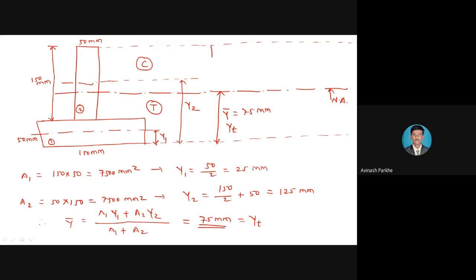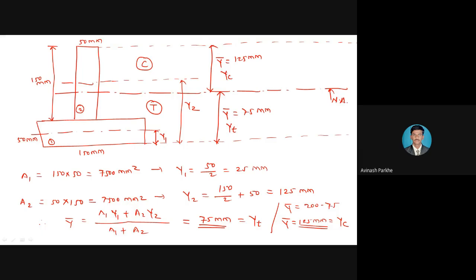Then we have to calculate the y bar distance above the neutral axis. So what is the total height? Total height is equal to 200. 200 minus 75. Therefore, y bar is equal to 125 mm, which is equal to YC.